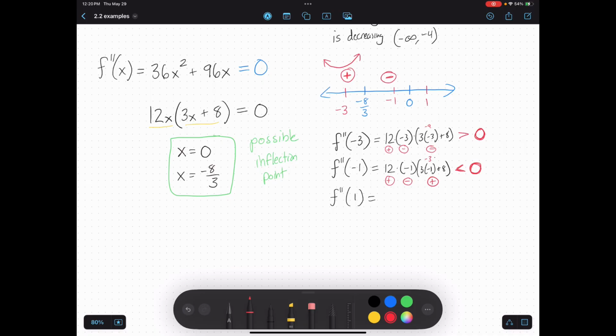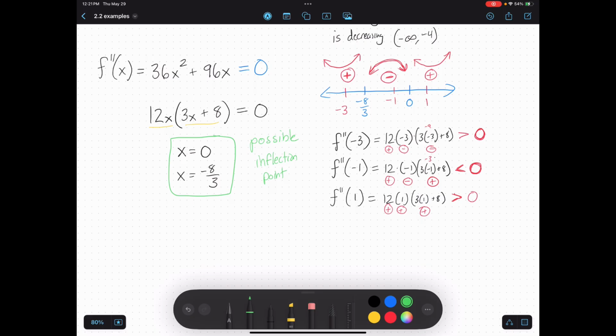So this next interval, in between -8/3 and 0, I'm concave down, or I have negative curvature, downwards curvature. Last interval, I get 12 times 1 times 3 times 1 plus 8. And in this case, all of my factors are positive, and so therefore the second derivative here is positive. Meaning again, I have upwards curvature.